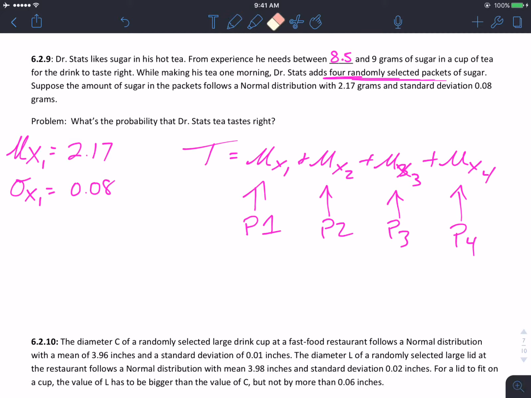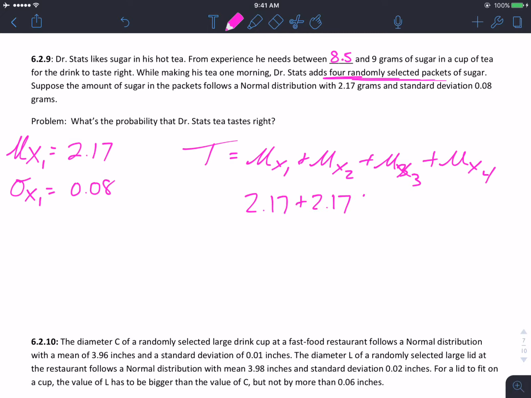And if we do that, we get 8.68. But we also need to find the mean, standard deviation and variance.